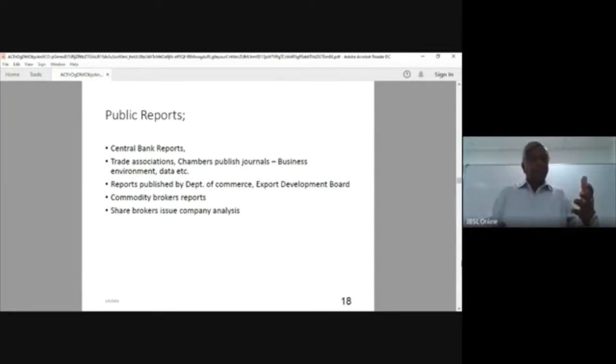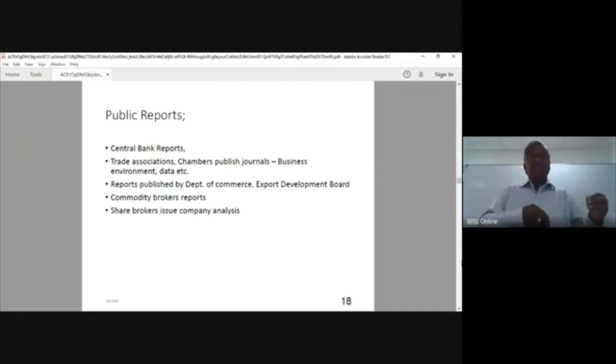Then reports published by departments. Reports published by the Department of Commerce and the Export Development Board. They also publish reports, and apart from that, they have enough data and information.